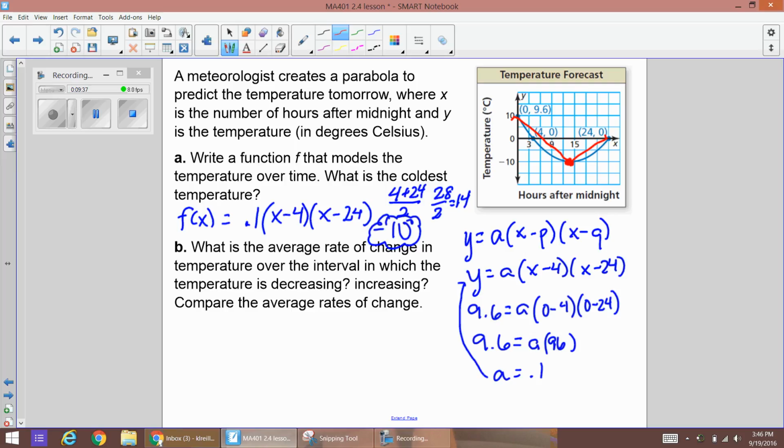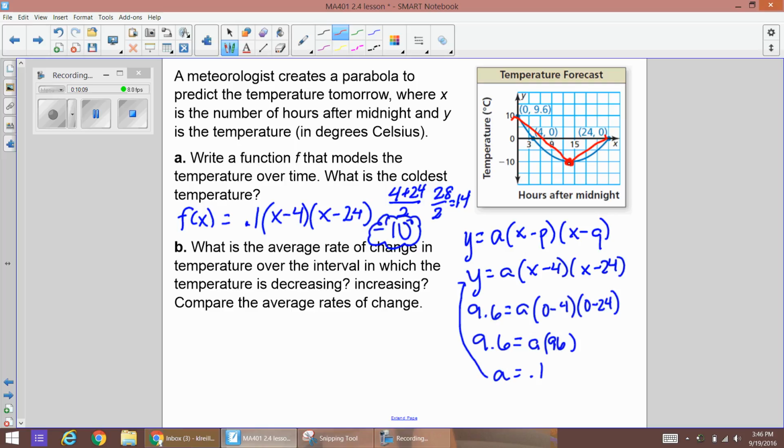They're separate lines because one is how fast the temperature changed between 0 hours and, what was it, 14 hours after midnight, and how fast the temperature changed between 14 hours after midnight and whatever that point is, 24 hours after midnight. And so to do rate of change, what you're really doing is rise over run. So let's think about this.